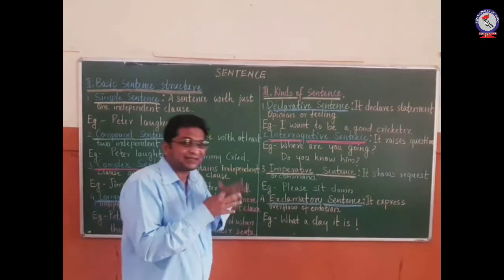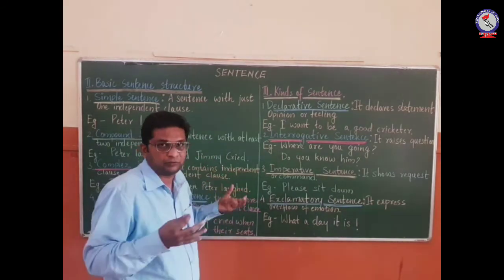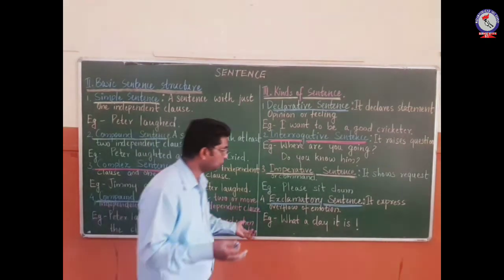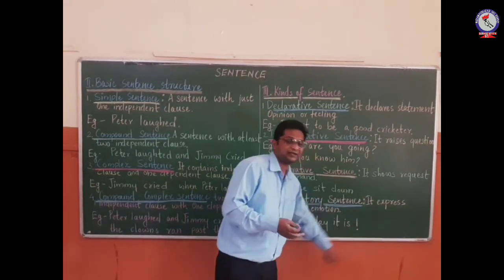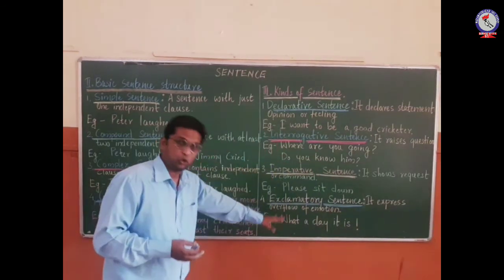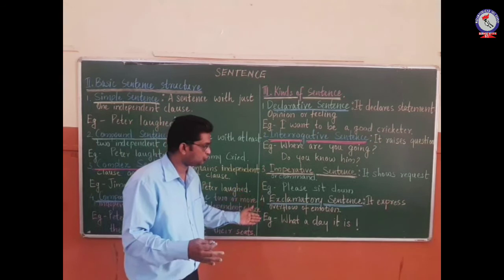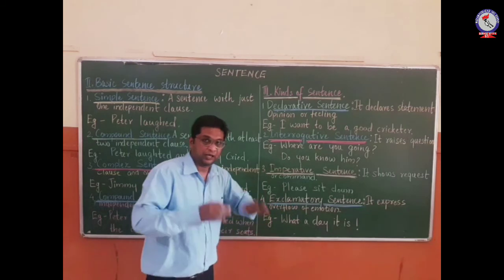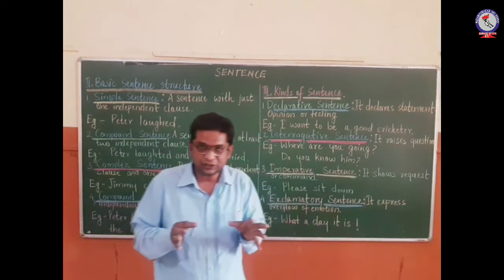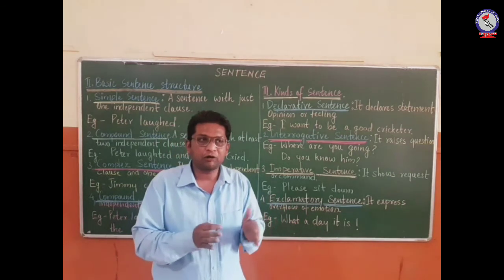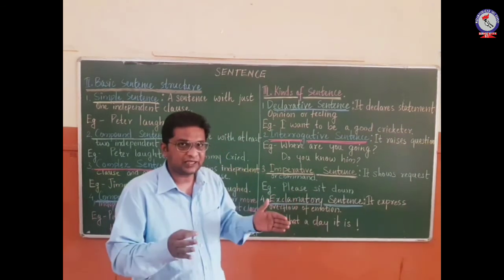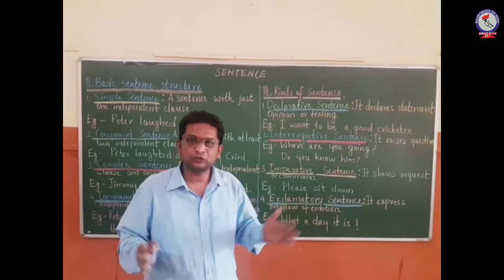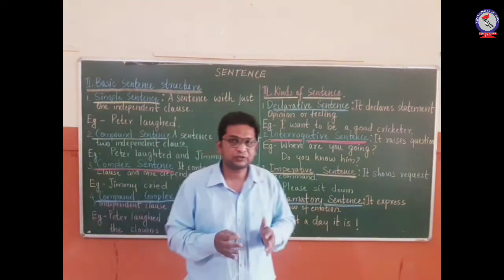It is something that expresses the emotion, amazement, or excitement. So, we have put the exclamation mark at the end of the sentence so that it may be evident that this sentence is an exclamatory sentence. Now you see here the four types of sentence: declarative sentence or assertive sentence. Second is interrogative sentence. Third is imperative sentence. Fourth is exclamatory sentence.